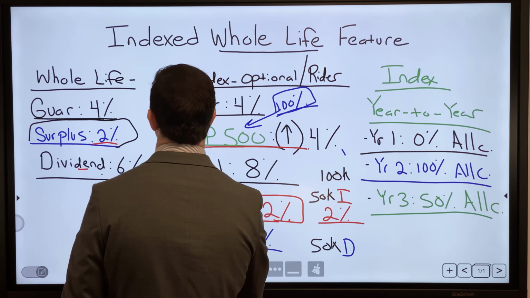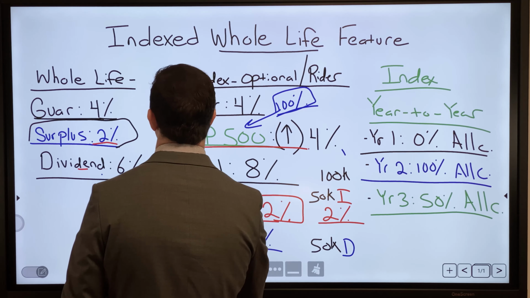Attaching it for added potential is nice. What some will do is attach it to a policy and say, I'm just going to participate in the dividend forever. But in the event that there's a market correction, that might be a good time to flip it on for a year. Whether I go 10% indexing, 50% or 100% for a year while the rebound occurs.